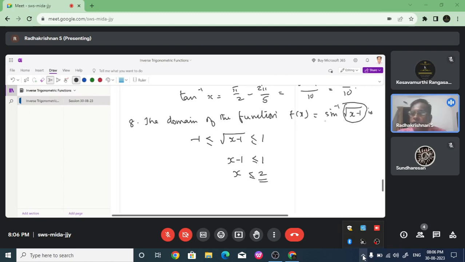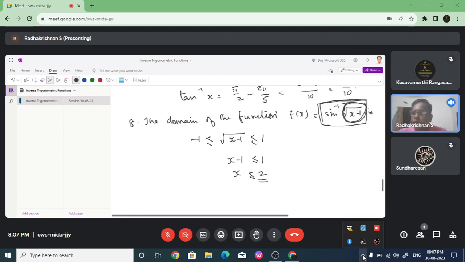But what is the range of this sine inverse? So the f(x) itself is in the range. See, one more thing we have to look at is this root of x minus 1, right?